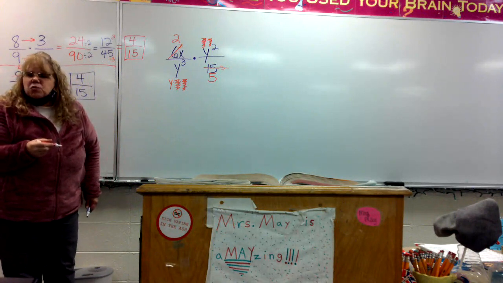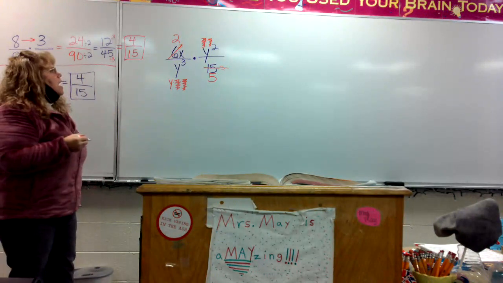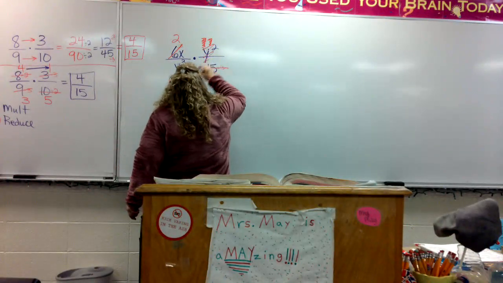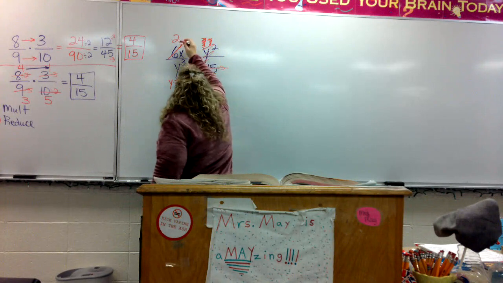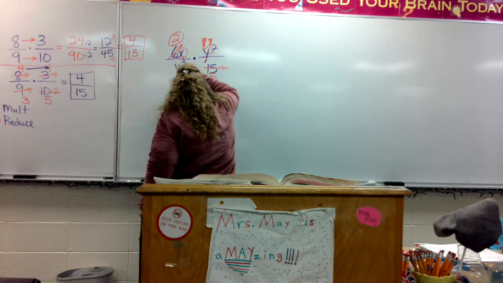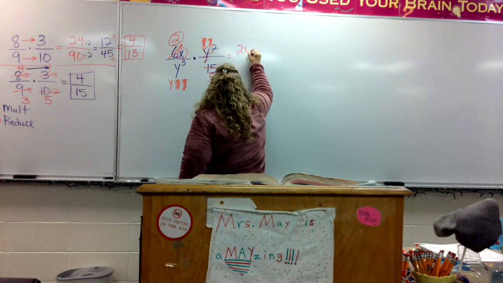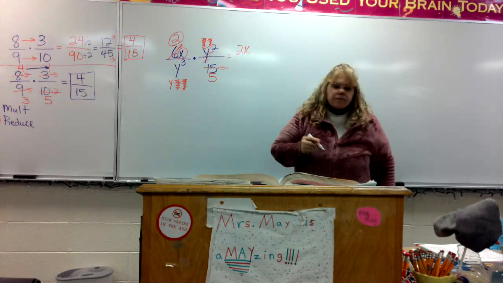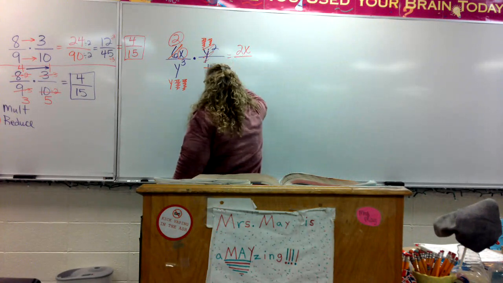So we're going to cancel what we can first and then multiply. Just be careful. Remember, we use these. I divided by 3. So what do I have left on top? A 2x, I think, right? And what do I have left on the bottom?